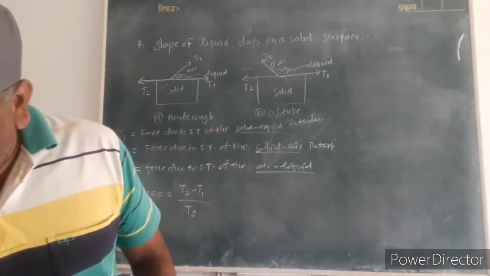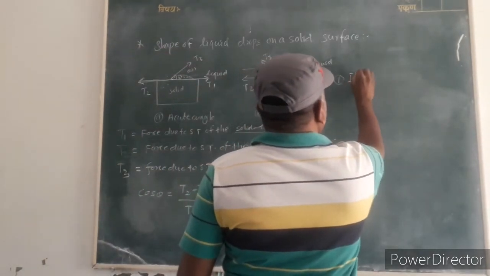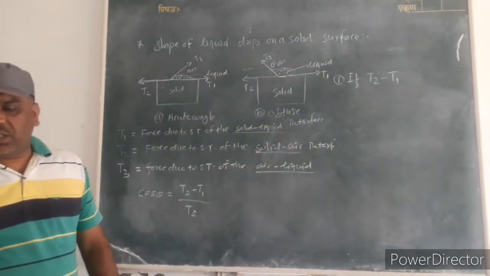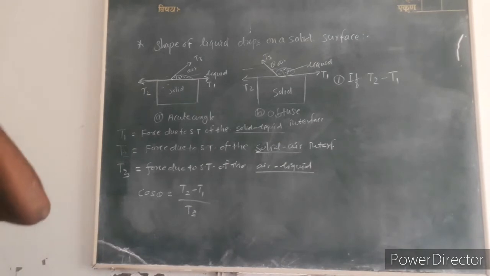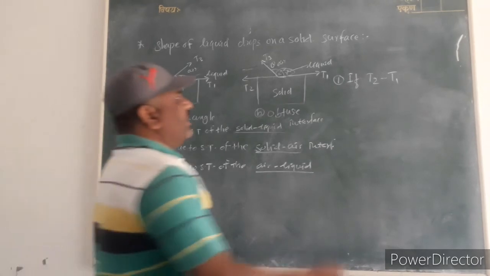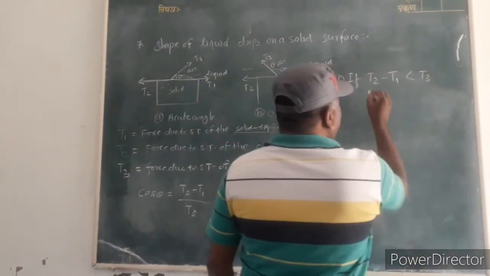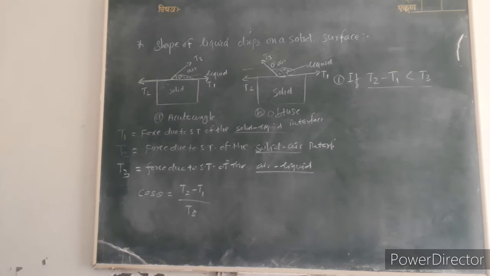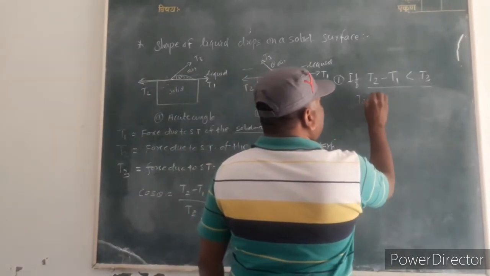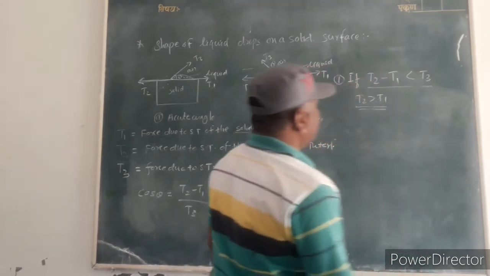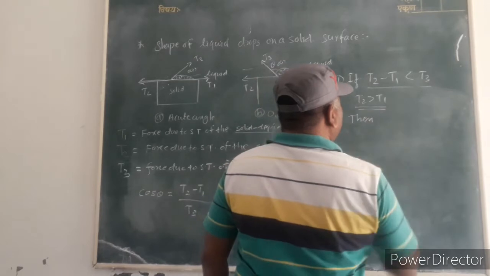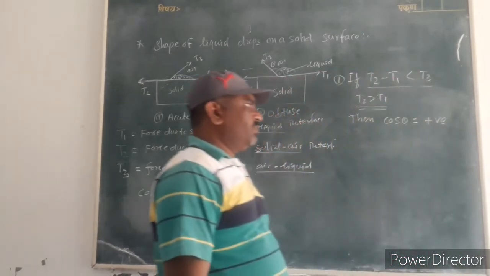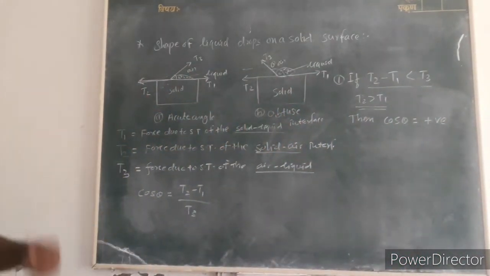The first condition: if T2 minus T1 is less than T3, or T2 is greater than T1, then cos theta is some positive value.